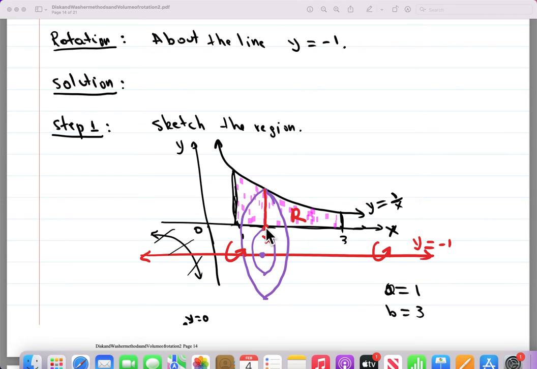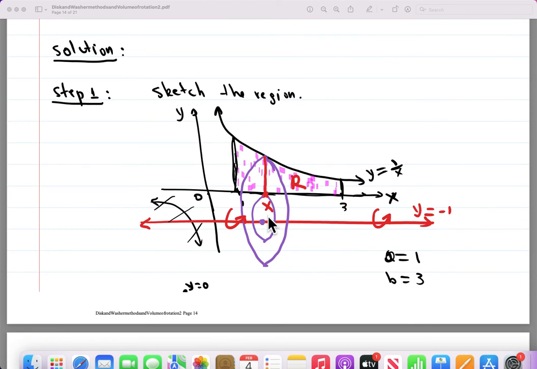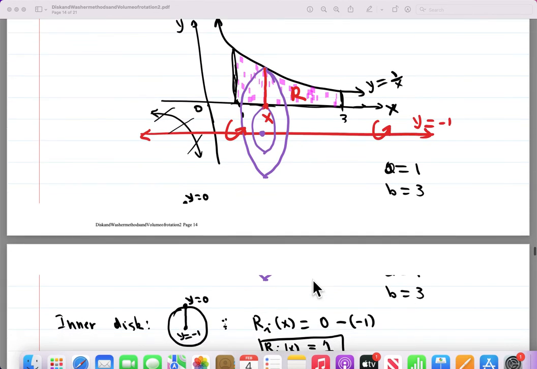This point is called y equals 0, and the center here is called y equals negative 1. So the distance between 0 and negative 1 is 1, because the distance should be positive, right? You're going to take 0 minus negative 1. So that gives us the inner radius.